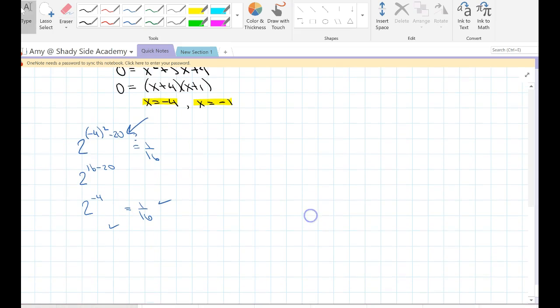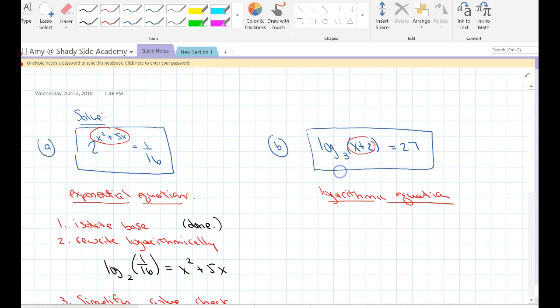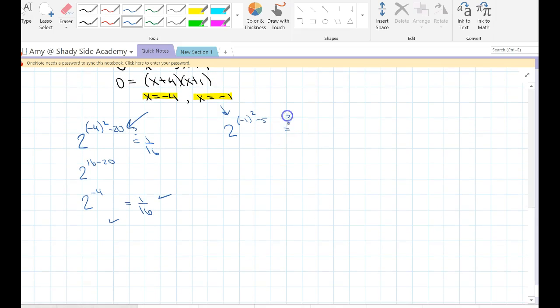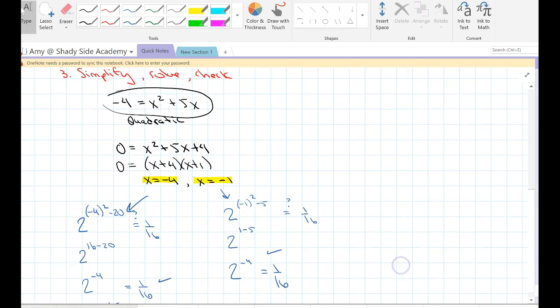So that one checks out. How about x equals -1? 2 to the (-1) squared minus 5, what does this equal? 1/16. Well, let's see. This becomes 2 to the 1 minus 5, which becomes 2 to the -4th, and that does equal 1/16. So now that I've checked, I can now proudly say that these are my solutions.